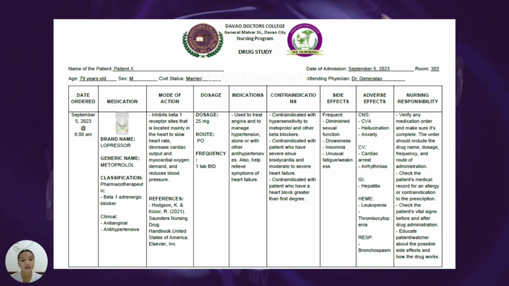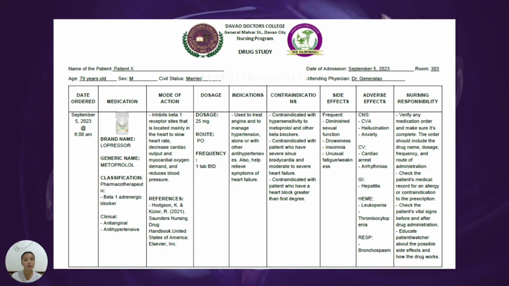Now for the dosage, we have 25 milligrams, the route is per os, and the frequency is one tab twice a day. So for the indication, it is used to treat angina or chest pain and also to manage hypertension.